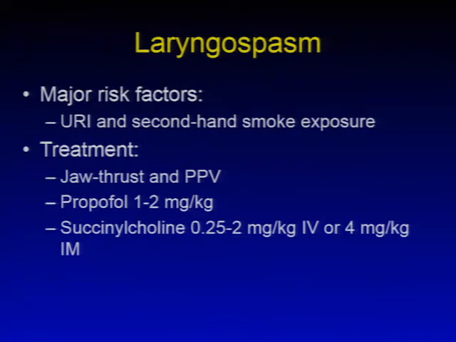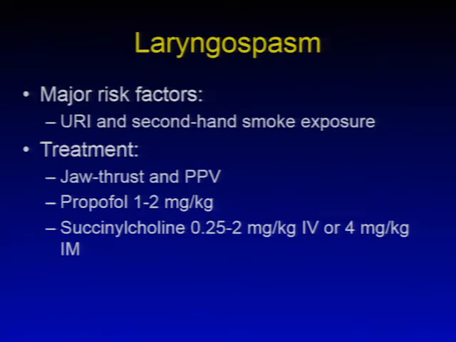The major risk factor, as I mentioned before, is URI, either an ongoing upper respiratory tract infection or a recent one. Other risk factors include secondhand smoke exposure. Treatment for laryngospasm includes a jaw thrust and positive pressure ventilation with a mask.